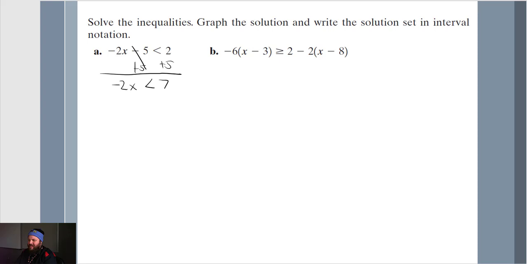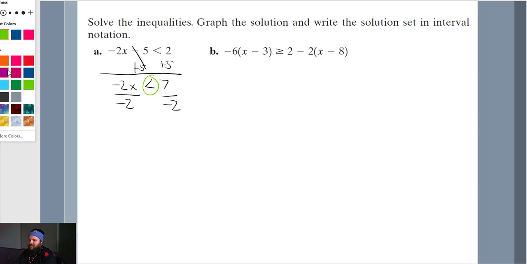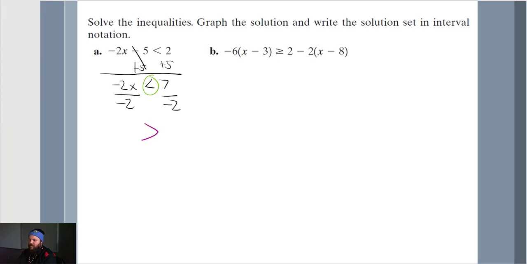Well, then we're going to divide by -2 on both sides because the opposite of multiplication is division. The only trick is when we divide by a negative, the sign is going to change. So now that sign is going to be greater than. And we're now going to have x and -7 halves. So x is greater than -7 halves.